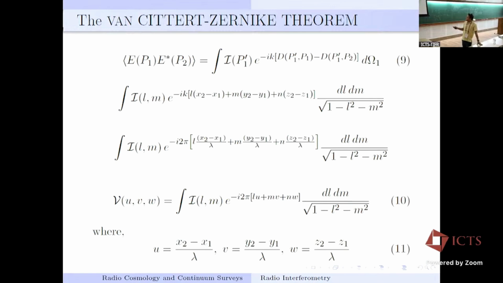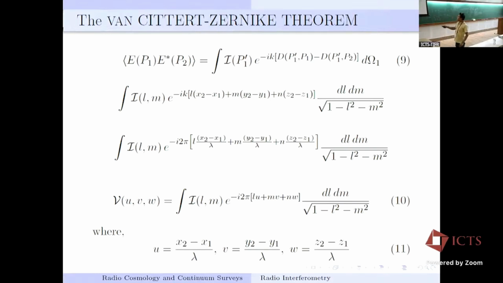Look at this term, (x2 minus x1) by lambda. What does it mean? It means the distance between these two antennas in the x-axis in the unit of lambda. How many lambda apart, correct? Similarly, the distance between these two antennas in the y direction in units of lambda.